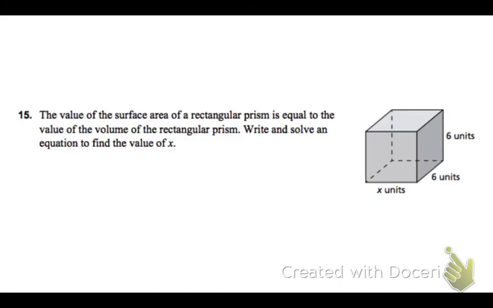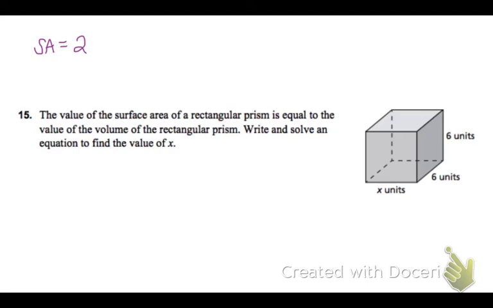All right. One more example. The application to real life. So in this problem we have the value of the surface area of a rectangular prism equal to the value of the volume. We want to write and solve an equation. First, we need to know, how do you calculate surface area? So the surface area of a prism is adding up all the areas, okay?